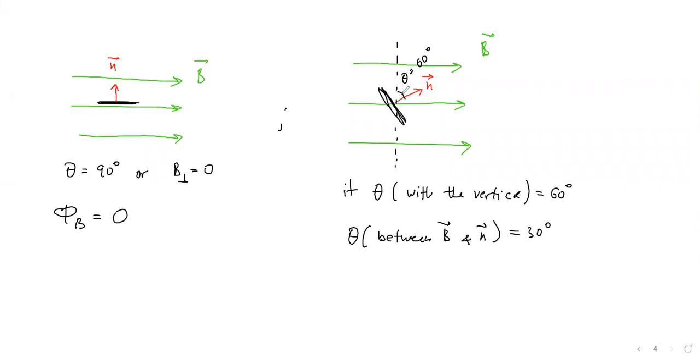Who cares about vertical lines? They're not really important. The direction of the field and the normal, this is what is important. Or we can talk about the component of the field which is perpendicular to the loop. If this is my magnetic field, I would like to find this component. So what will be the flux in this case?